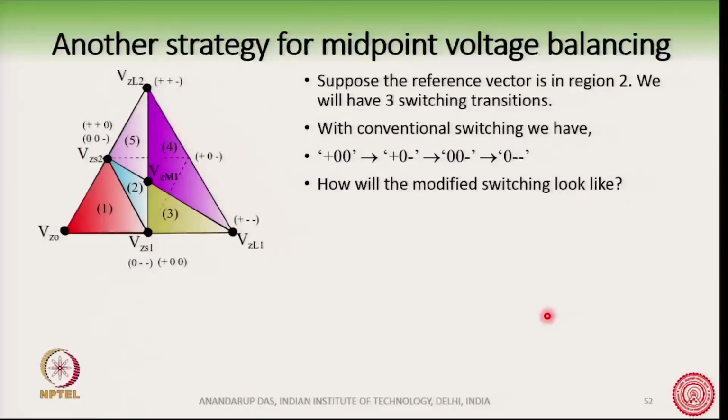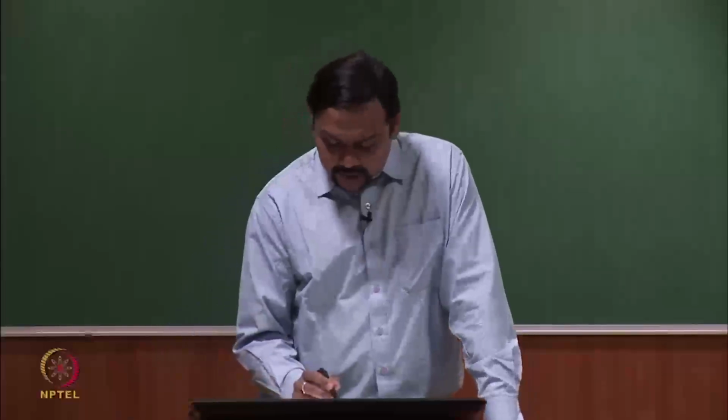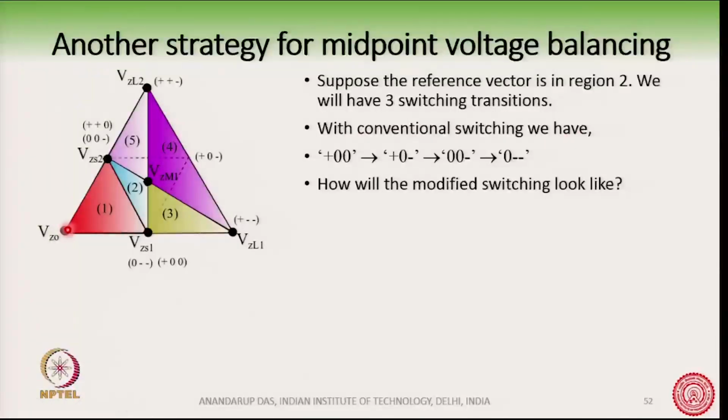Okay. So, we can see how the modified switching will look with this kind of virtual vector. With conventional switching, the reference vector is somewhere in here. Suppose the reference vector is here.